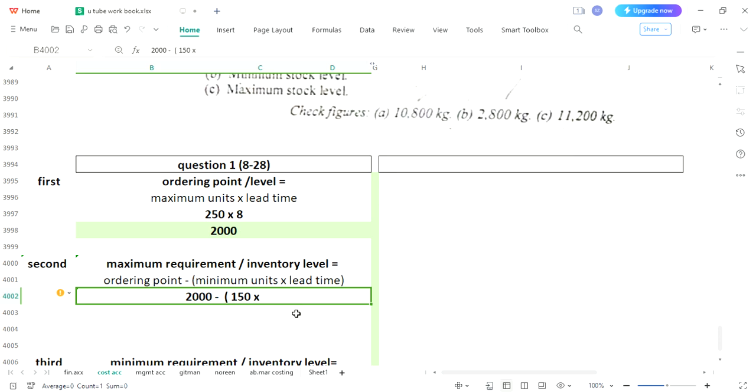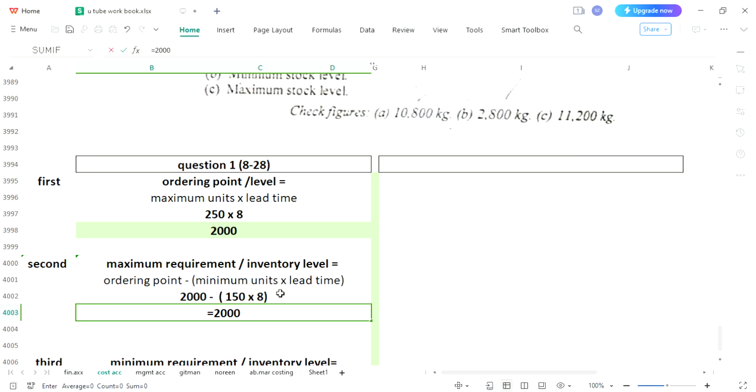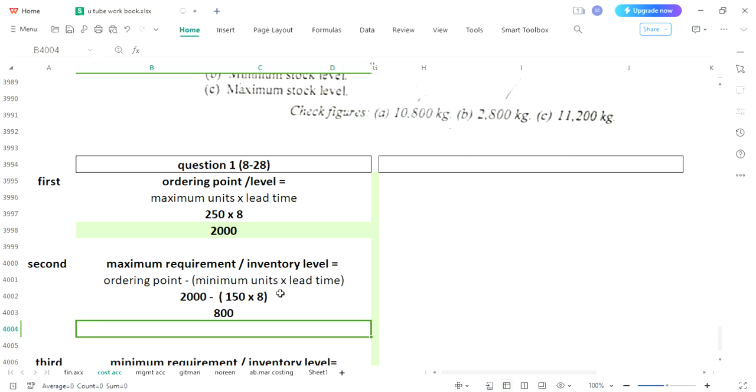So put 8 over here. The statement is completed. Now we put it on our calculator: 2000 minus bracket open 150 multiplied by 8. We get the answer 800.